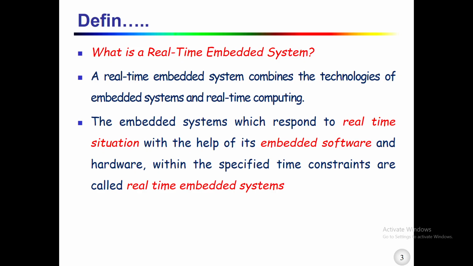Mostly, what makes this a real-time embedded system is that every hardware which responds to certain kinds of instructions having a timing constraint which is already known beforehand is what we call a real-time embedded system.